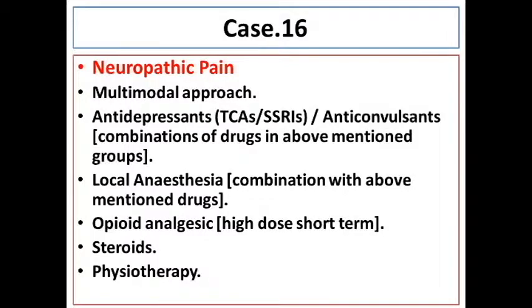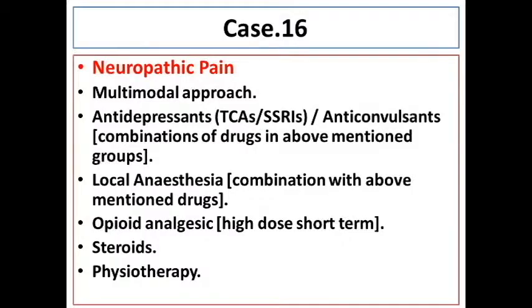Of course, we have also mentioned alpha-2 adrenergic agonist drugs like clonidine, and there is a very good drug called dexmedetomidine, which is the recent drug being used in place of clonidine. So these are the different drugs which are used in neuropathic pain.